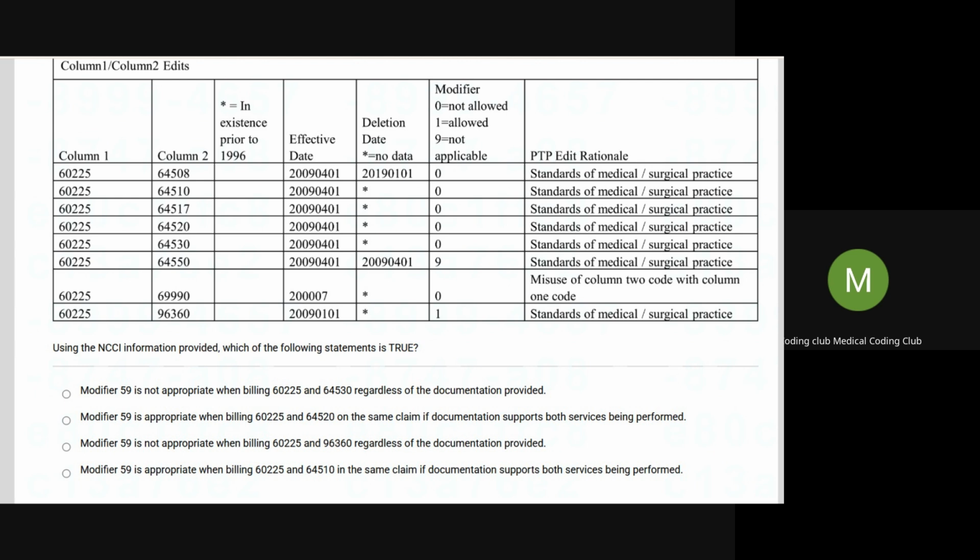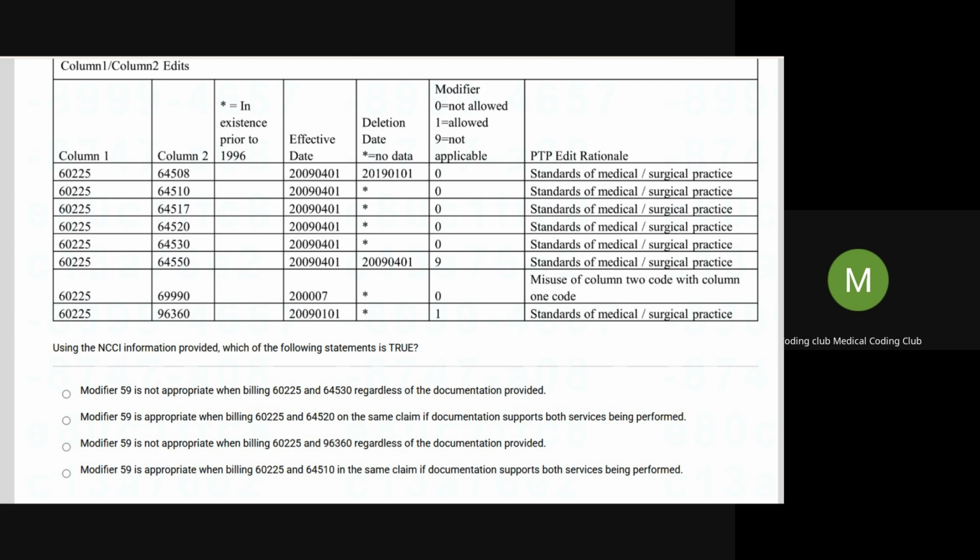But in the last row the indicator is 1, which means you can use modifier 59. In option C, it should say modifier 59 is appropriate to use between 60225 and 96360.